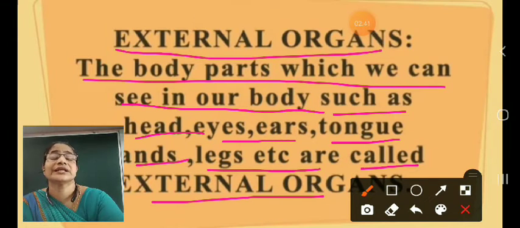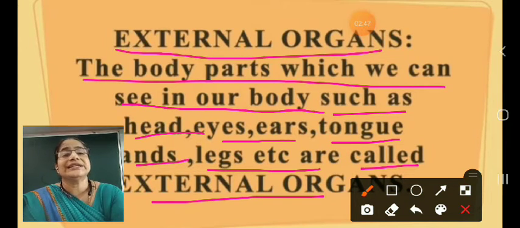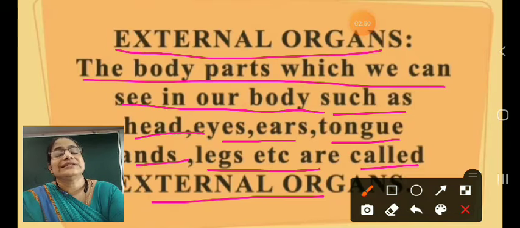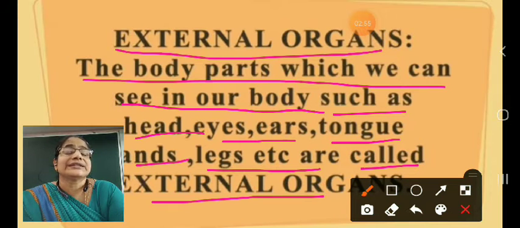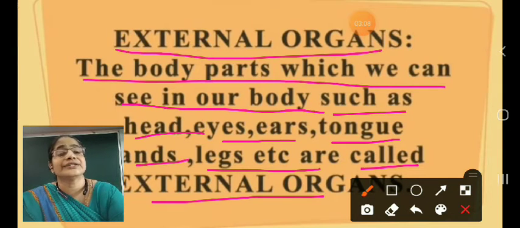These are all body parts we can see with our eyes.